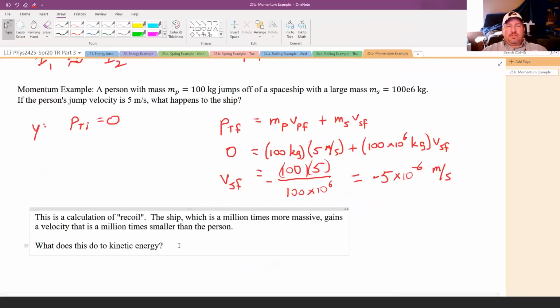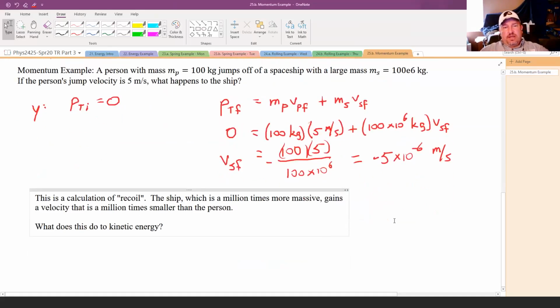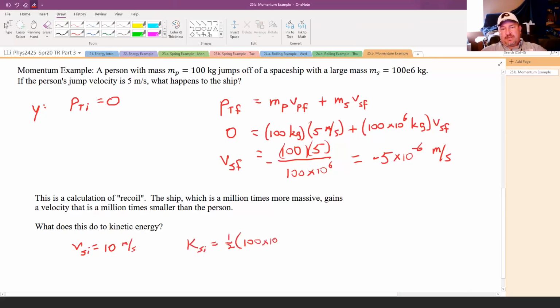Now, one of the concerns we frequently have about collisions is kinetic energy. So let's say that V of the ship is equal to, I don't know, let's go with a small value, 10 meters per second. So that means the kinetic energy of the ship initial is equal to 1/2 times 100 times 10 to the 6th kilograms times 10 per second squared.